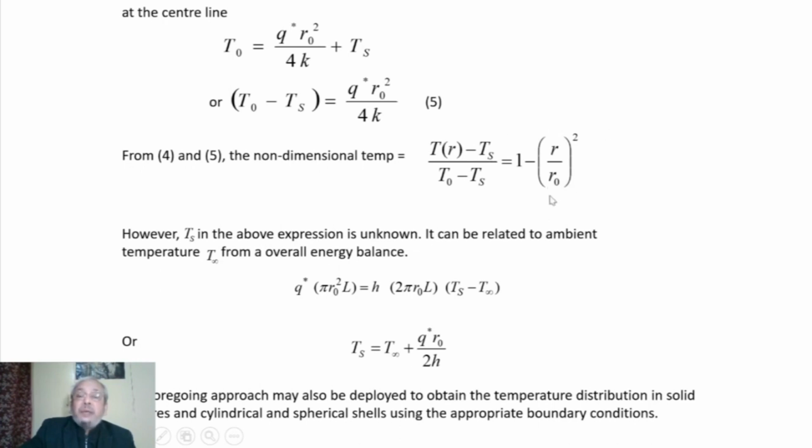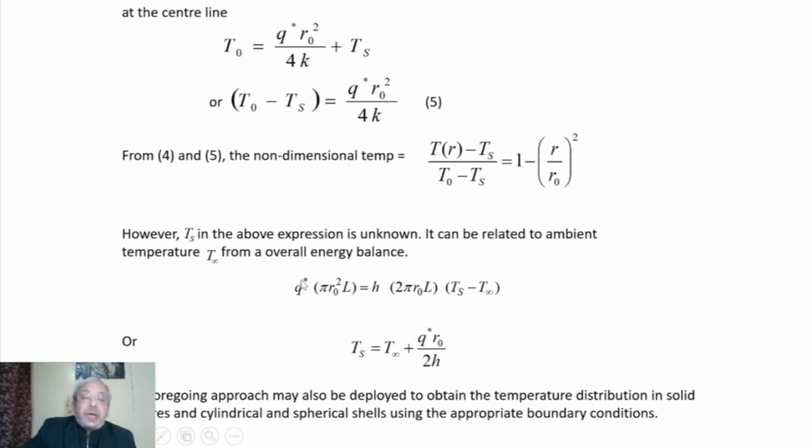How does it vary with radius? Clearly indicated by this expression. However, Ts in the above expression is unknown. It can be related to ambient temperature T infinity from overall energy balance.